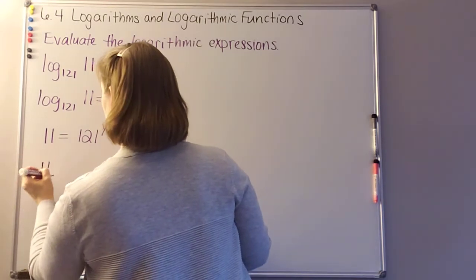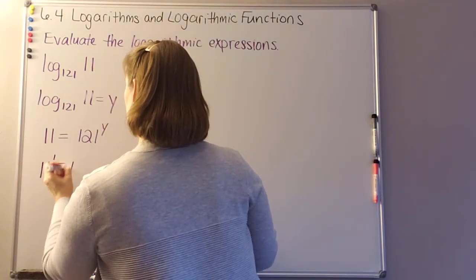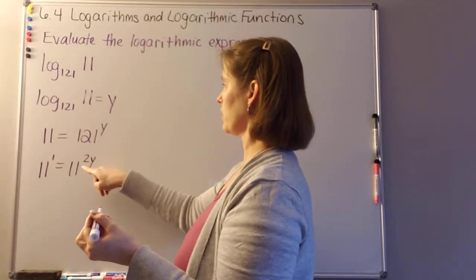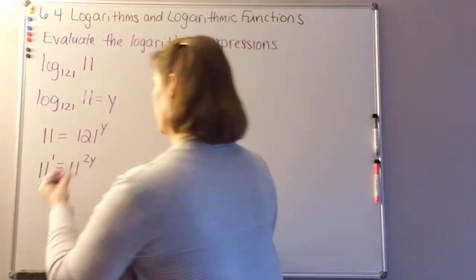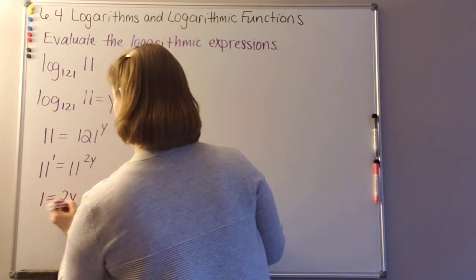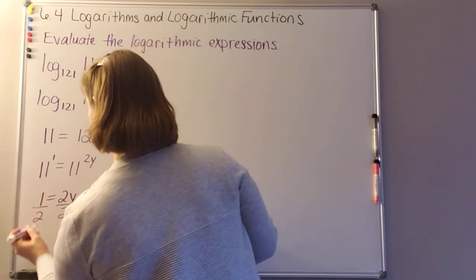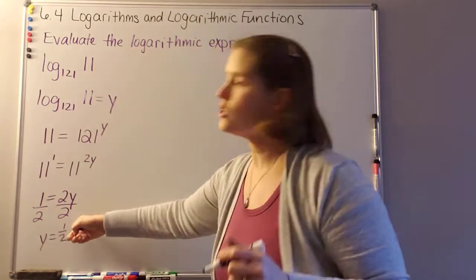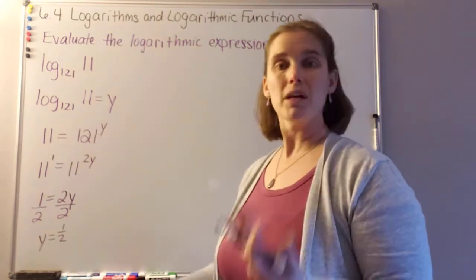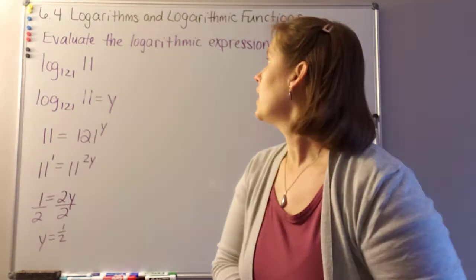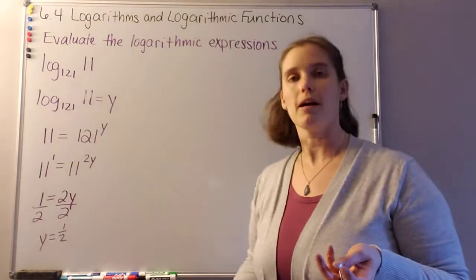So I've got 11 to the first equals 11 to the 2y, since 11 squared to the y is 11 to the 2y. Now, matching bases, 1 equals 2y. Solve for y, divide both sides by 2. y equals a half. So here we had to do just a little bit of extra solving, but totally doable. It's not like we're doing major algebraic problems here. We're getting back down to some simple one-step algebra.